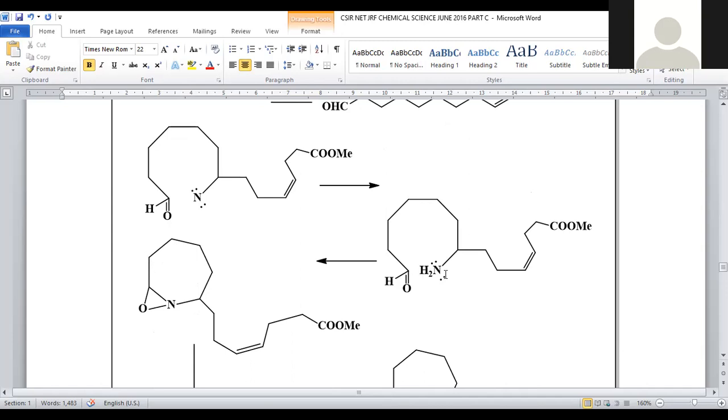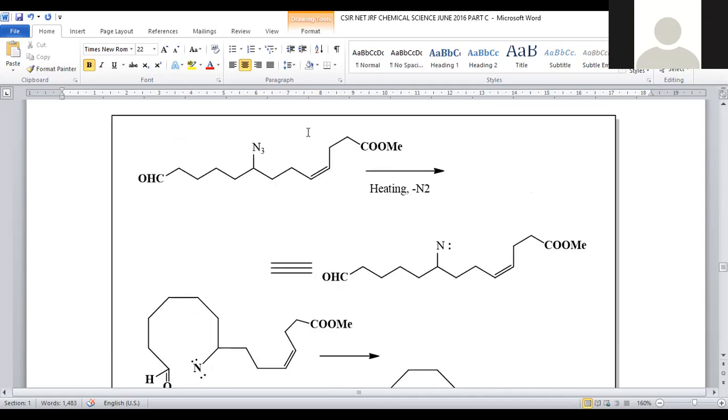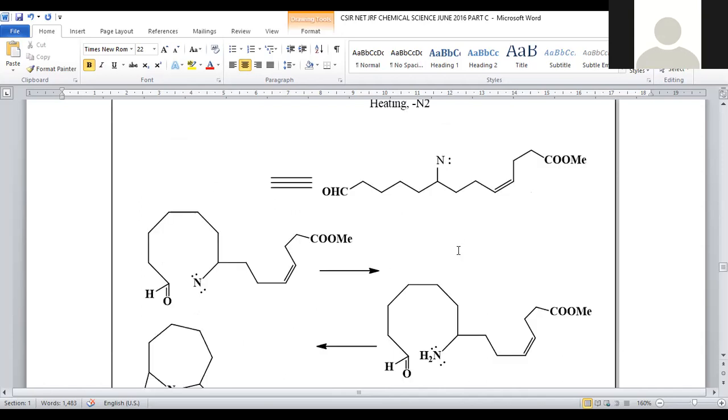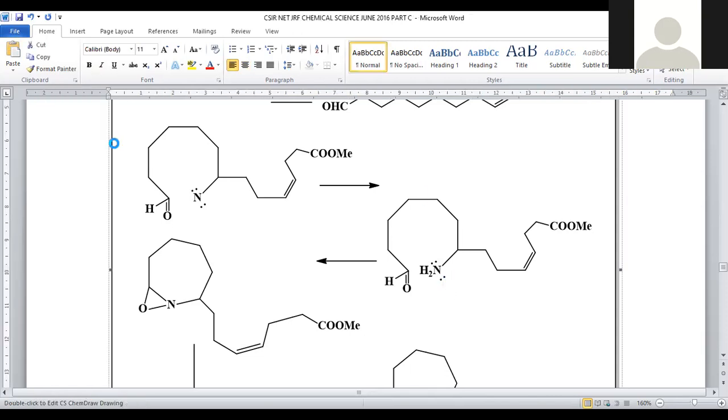It is further transformed into an NH2 functional group by the addition of H plus. So the nitrene is formed initially by the removal of a nitrogen molecule. The formed nitrene can be represented in a resonance form in order to cyclize, and further it is protonated under protic solvent conditions. Now the nitrogen has only one lone pair of electrons associated with it.